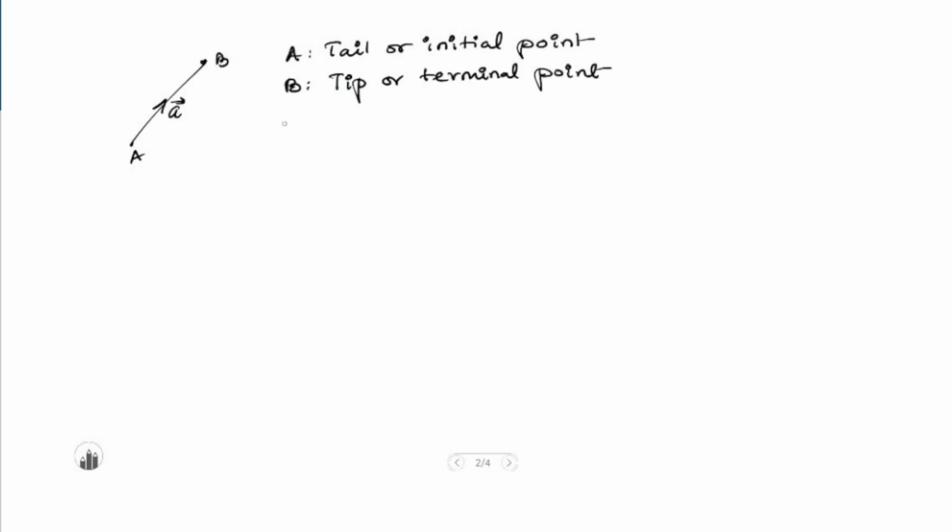So if we want to find out the magnitude of AB, it would be represented something like this.